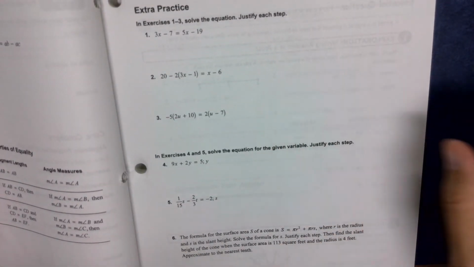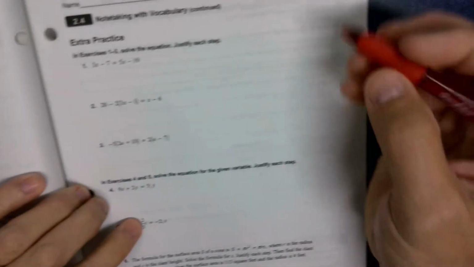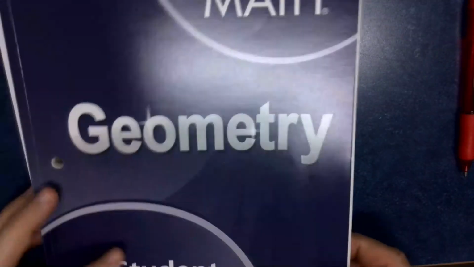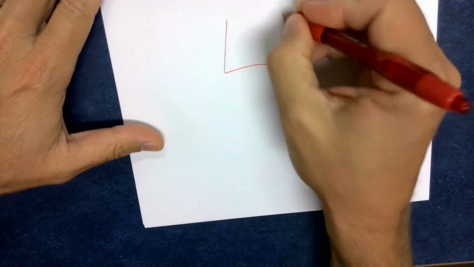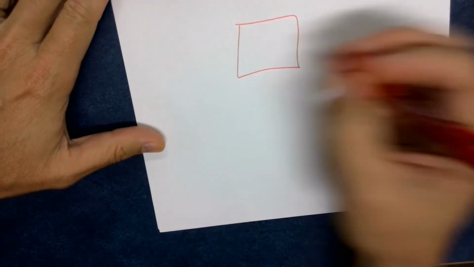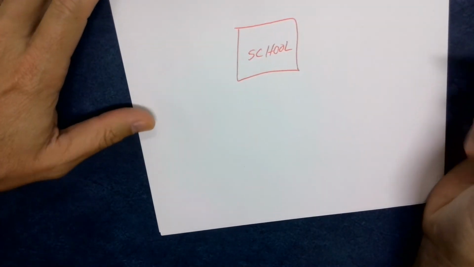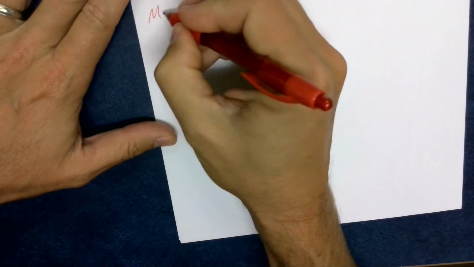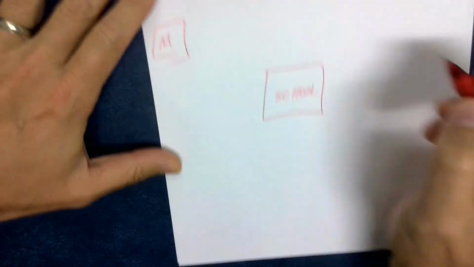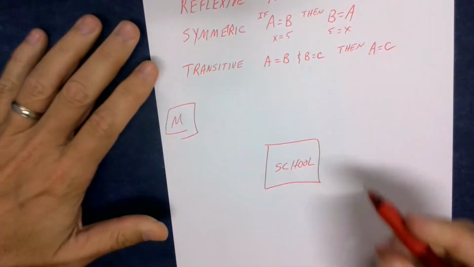Now here's the deal. Just like if I was at the school right here, and I wanted to go to Myers, which is way over there, I could possibly get there several different ways.